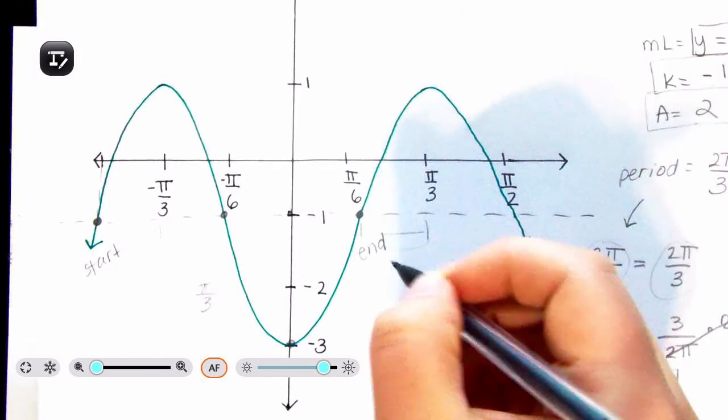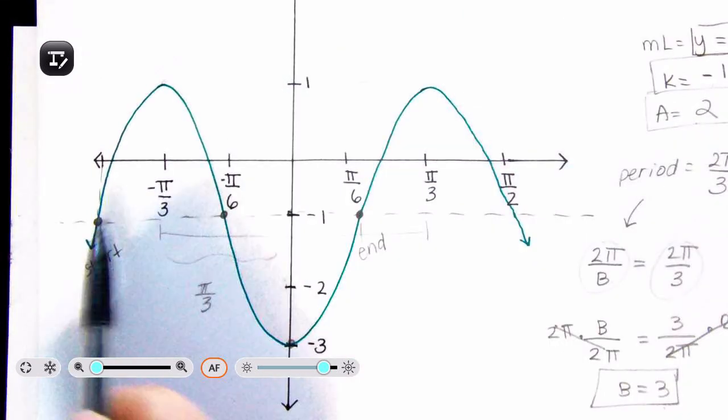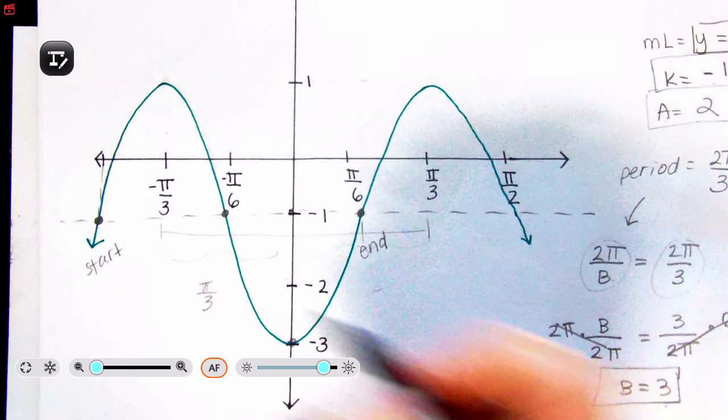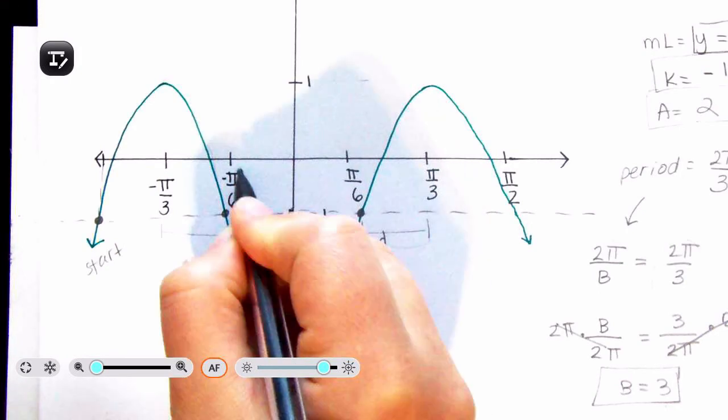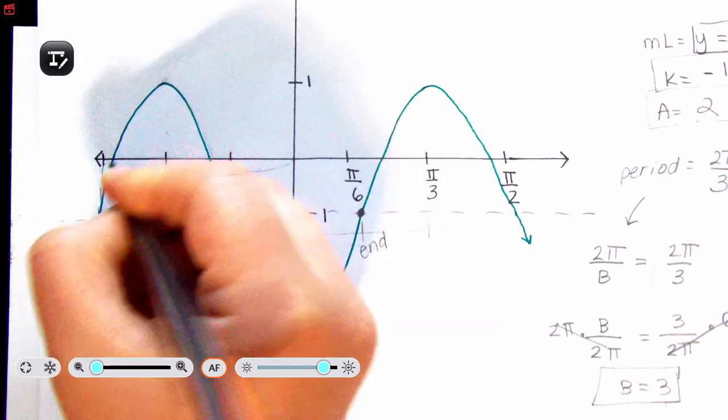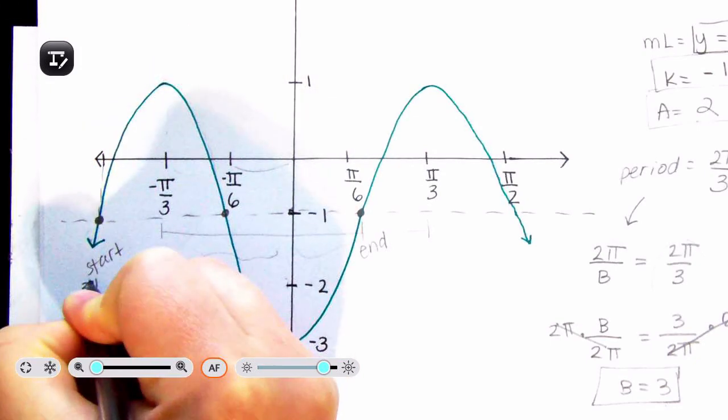Now, don't worry about period because we already have that, but I'm going to still do it just because some of you maybe didn't see the cosine on here, so you might want to do a sine. So this one here, what is this? Well, each distance is pi over 6. So this is 1 pi over 6. This is 2 pi over 6. So this is 3 pi over 6.